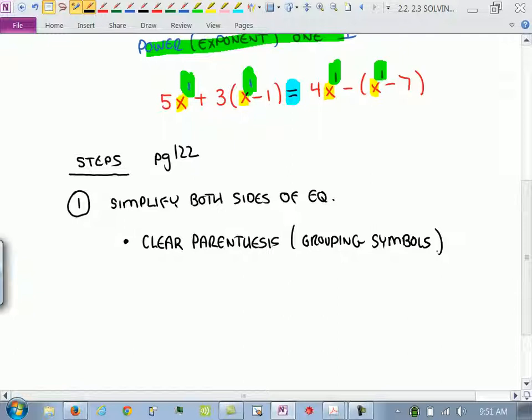So we want to clear parentheses. What this really means is rewrite it where the parentheses aren't there anymore, and that's usually going to require us distributing something through the parentheses. But that'll be the first thing. The second thing, within this step, we're still in step 1, the second thing is to clear fractions and or decimals.